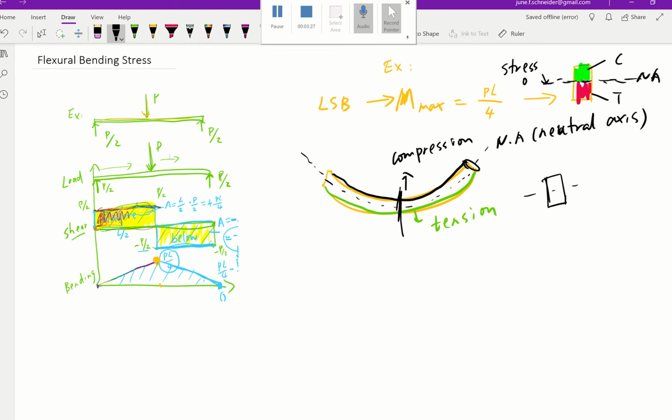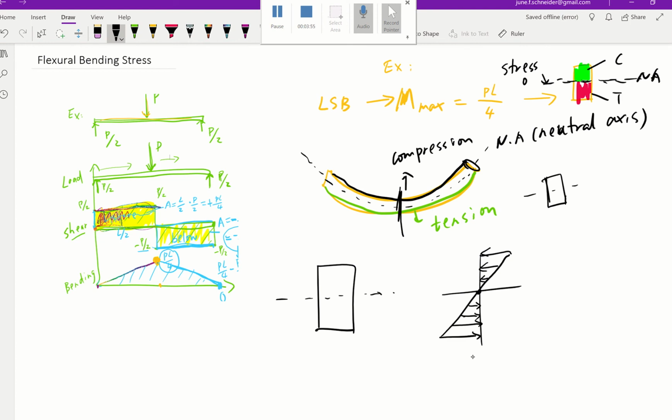So if we were to draw this profile, I'm going to move over here. That's our cross section when we cut it. This top section is going to be in compression. So if we can draw something, it would be kind of like that. This is being compressed. However, this one is being tension.